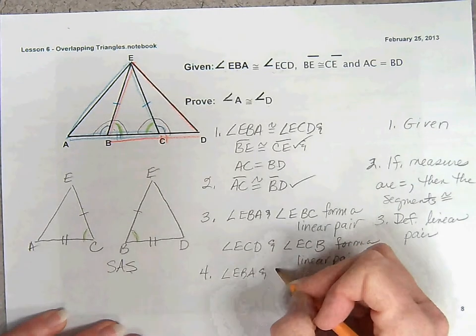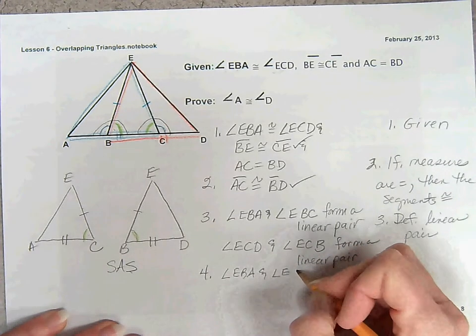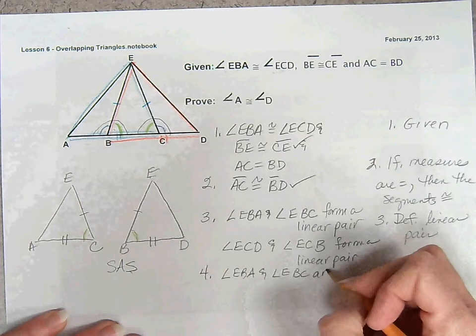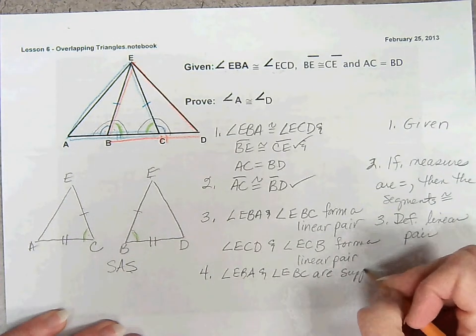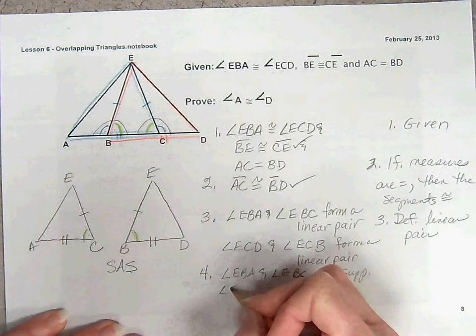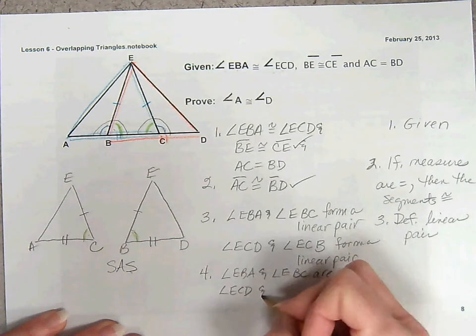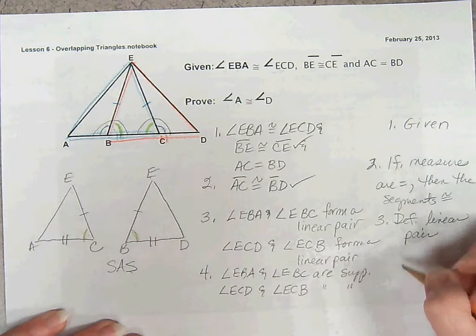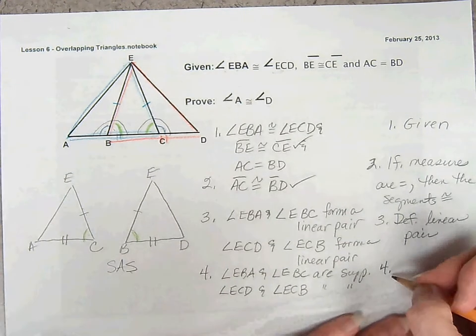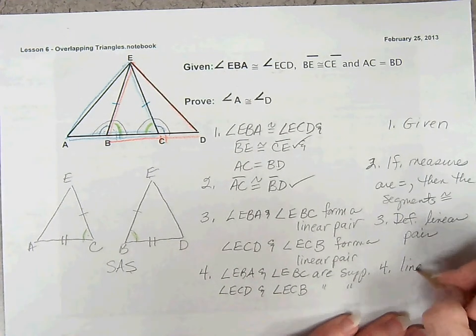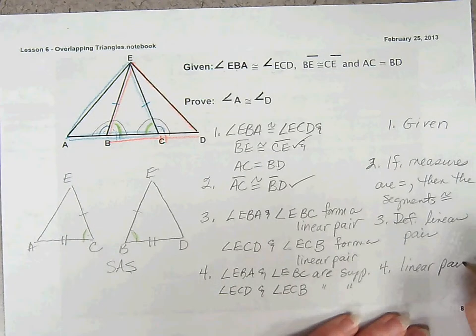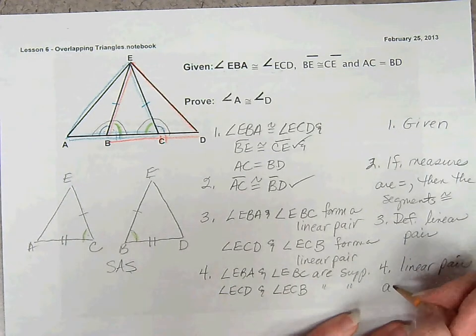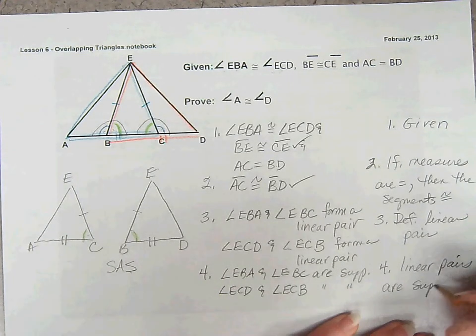Angle EBA and angle EBC are supplementary, and angle ECD and angle ECB are also supplementary. Okay, because linear pairs are supplementary.